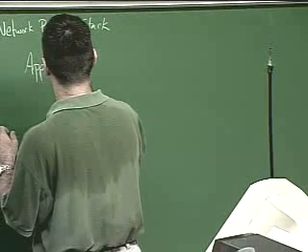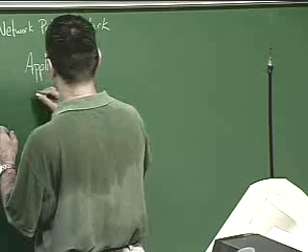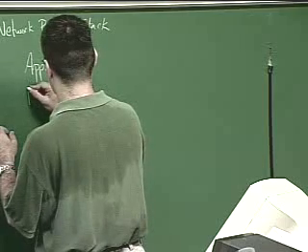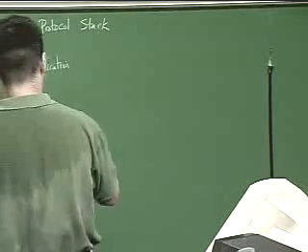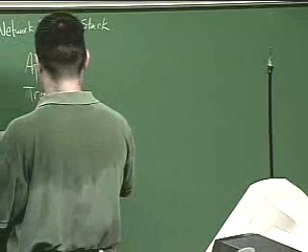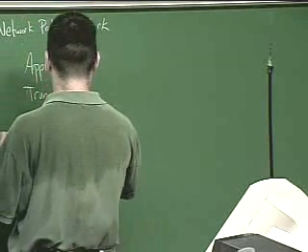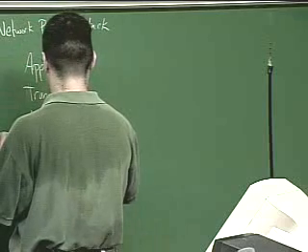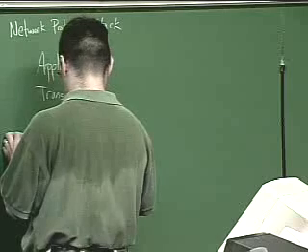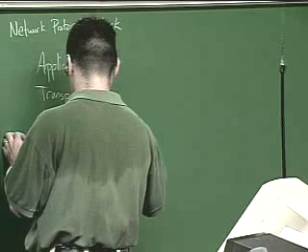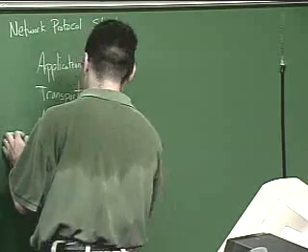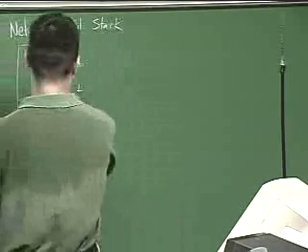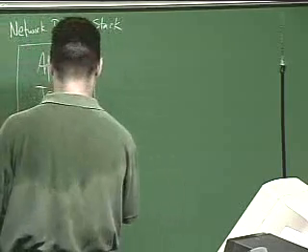There's what's called an application layer. We're just going to use the 5-layer stack. So application, transport, network, data link, physical. Okay, so these are the 5 layers of the protocol stack.